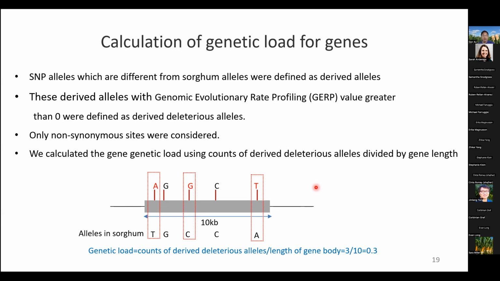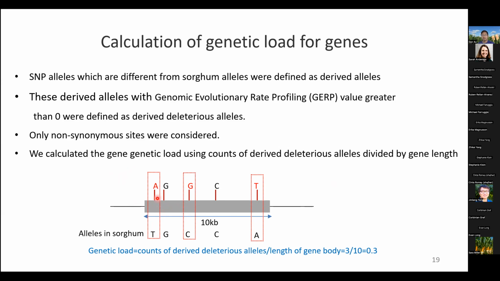So here we calculated the genetic load for each gene. Here is the process of how we calculate it. For each gene, first, we extract all the SNPs which are located on this gene. For each SNP, if the allele is different from sorghum, we define it as a derived allele.